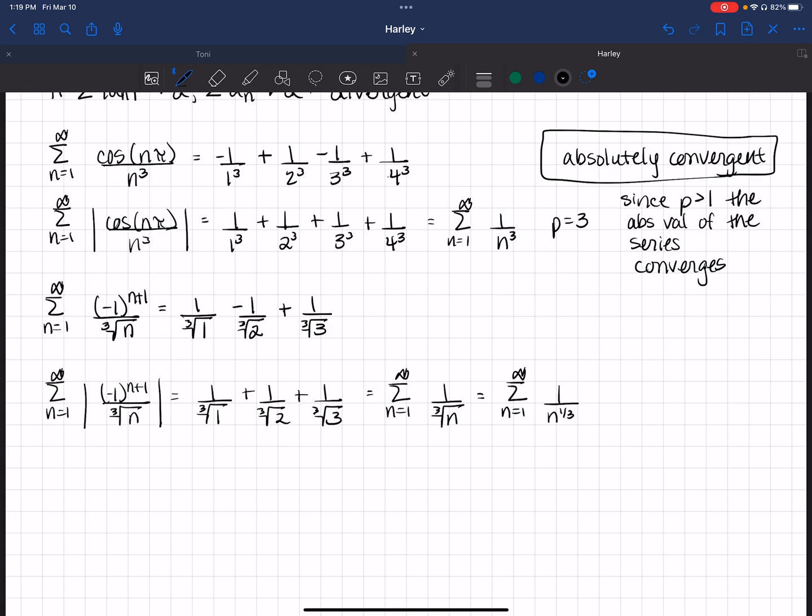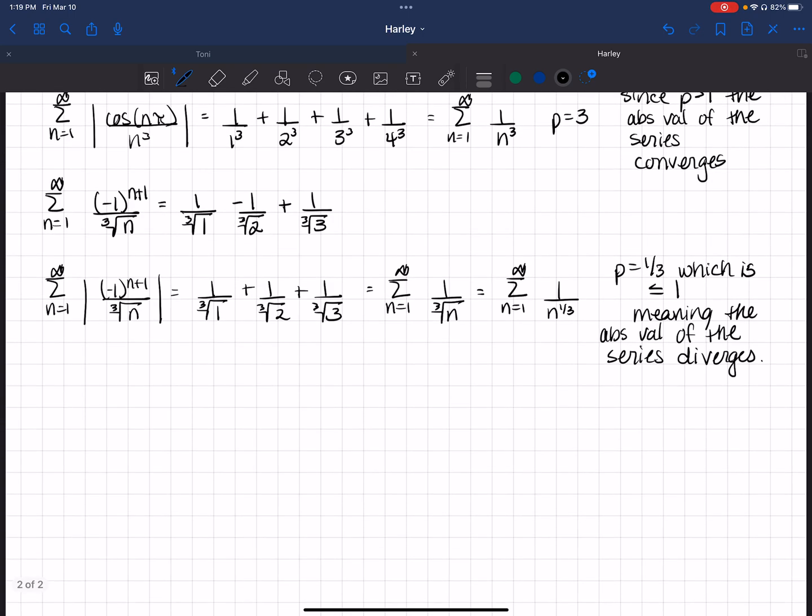What is p here? p equals 1/3, which is less than or equal to 1, meaning the absolute value of the series diverges. Well, that's fine, but that just tells me it's not absolutely convergent. It could be conditionally convergent.